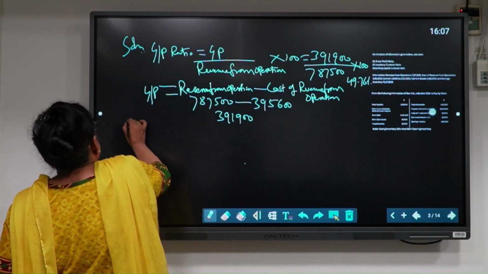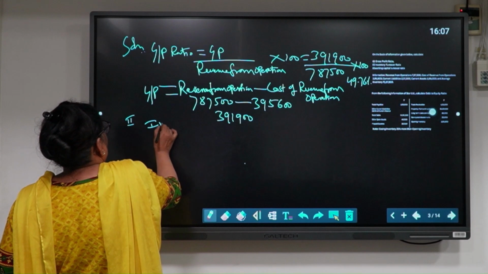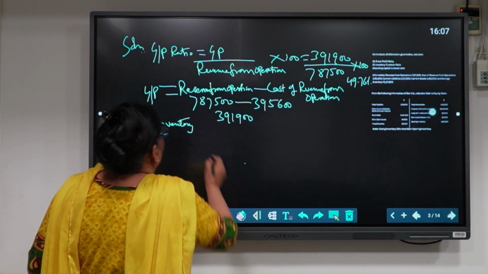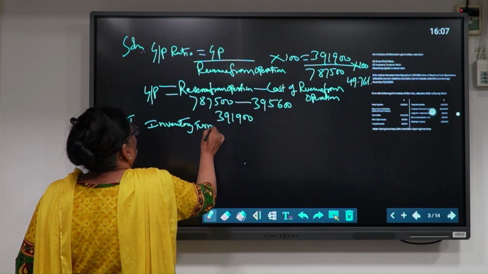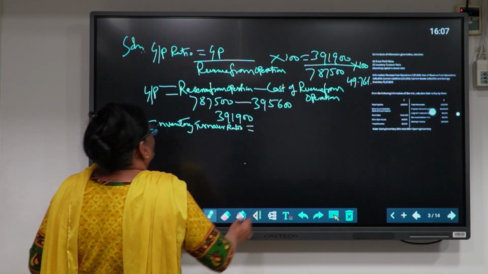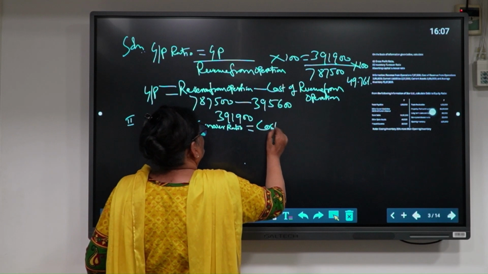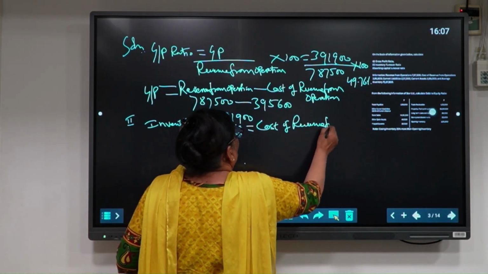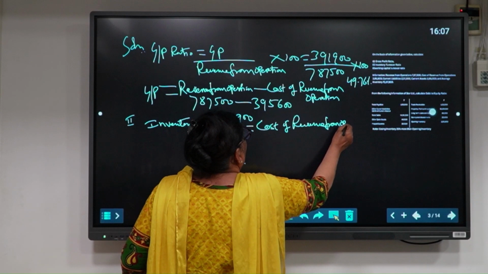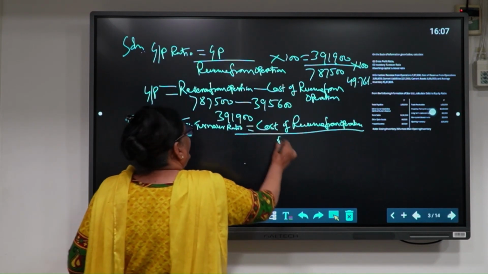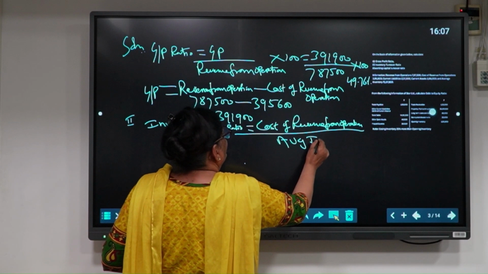Now the next one is your inventory turnover ratio. That is again cost of revenue from operation divided by average inventory.